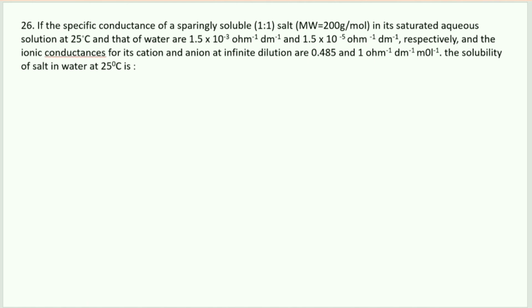The ionic conductances of its cation and anion at infinite dilution are 0.485 and 1 per ohm decimeter cube per mole. What we have to find is the solubility of the salt in water at 25 degrees Celsius. Solubility S equals kappa, the conductivity, into 1000 by lambda m, the molar conductivity.